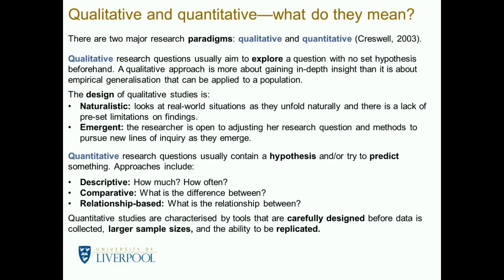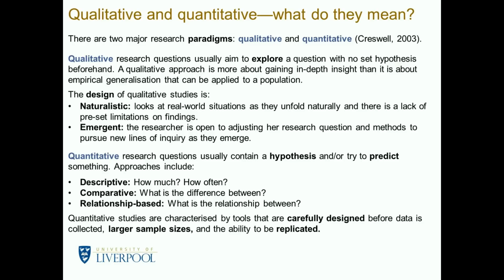Okay, larger sample sizes and the ability to be replicated. Okay, so as you can see here, these two approaches that are the two core paradigms that are used within research are qualitative and quantitative.